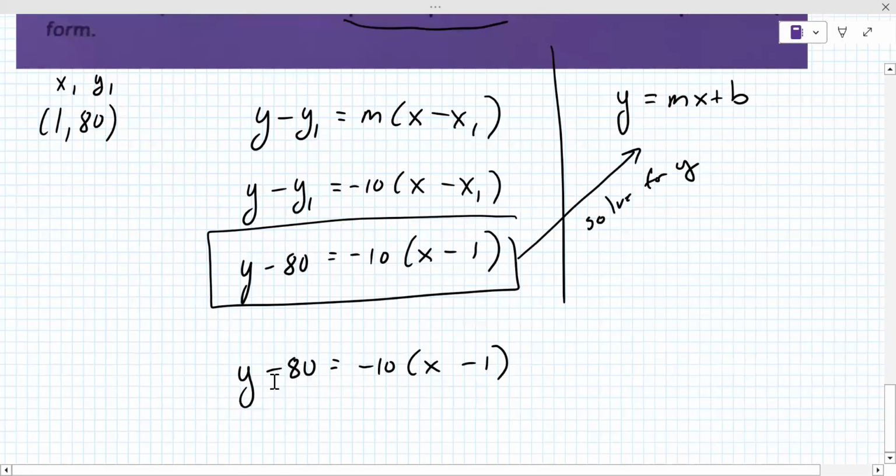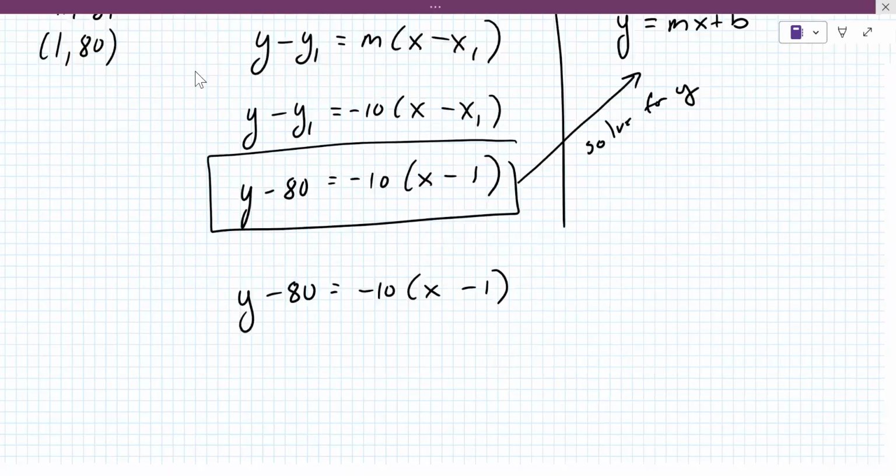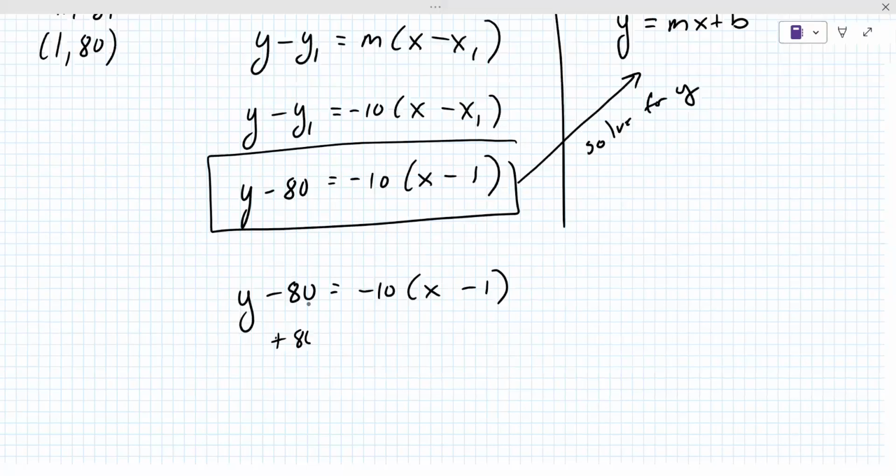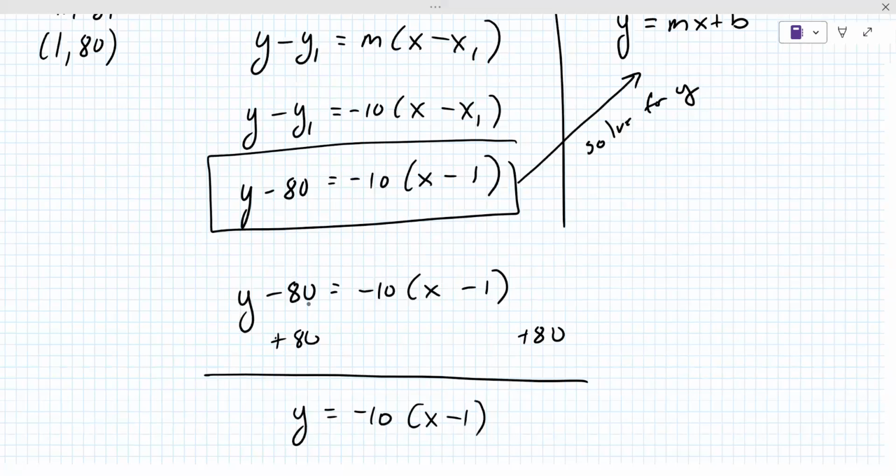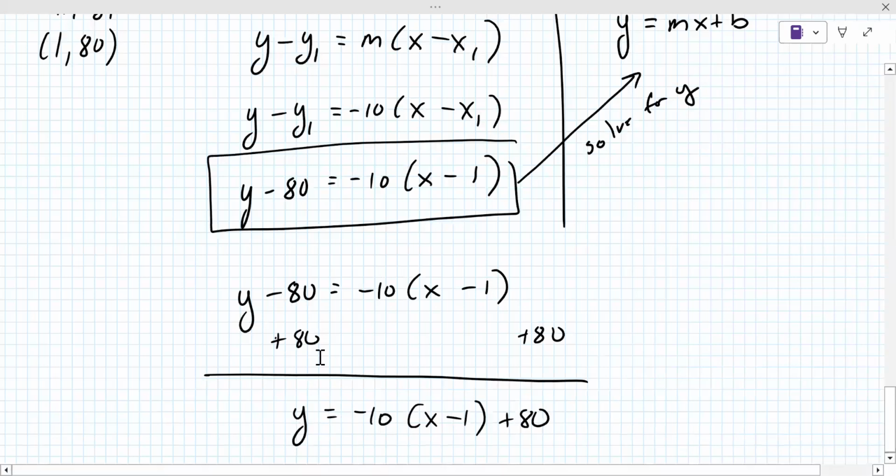You have to get rid of this 80, right? You'd add 80, yeah. And so you've clued in on something that is correct. It's more than just solving for y. You could argue that this is solved for y, and you'd be right. But it requires you to distribute this number and then combine like terms down here in the bottom.